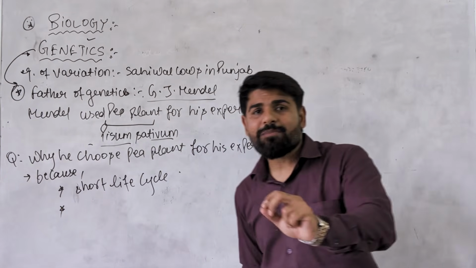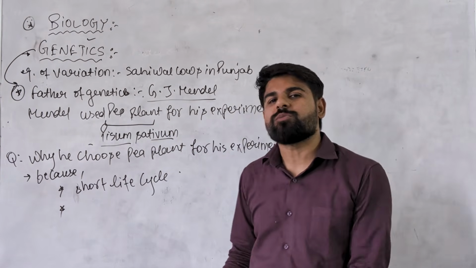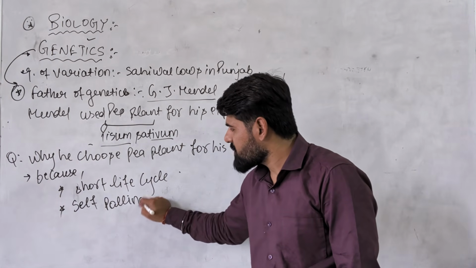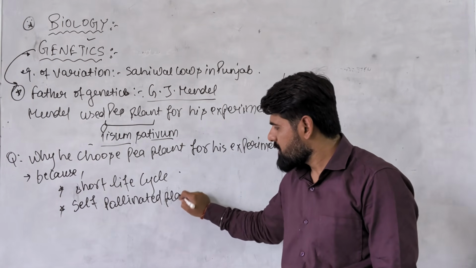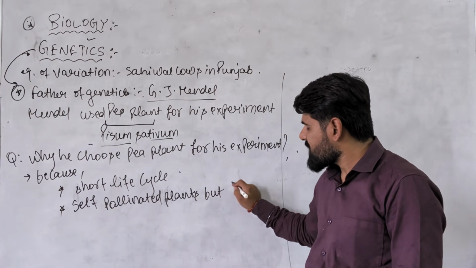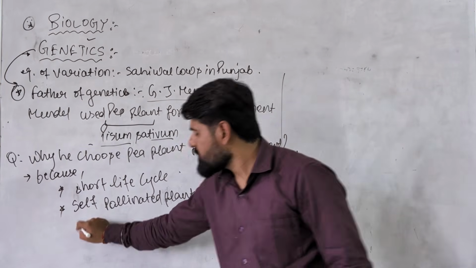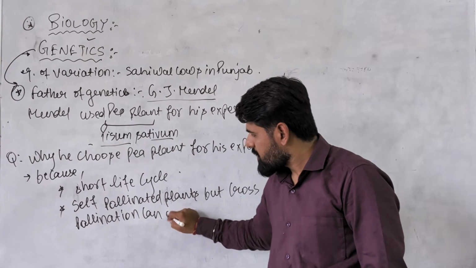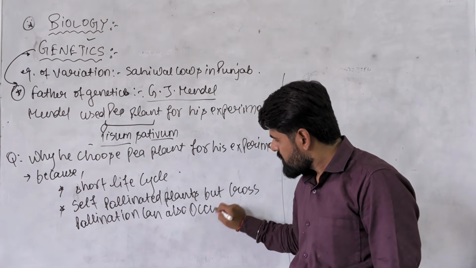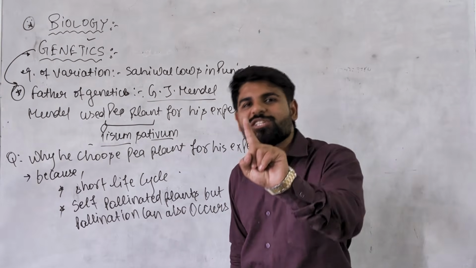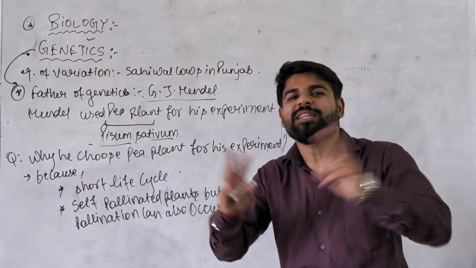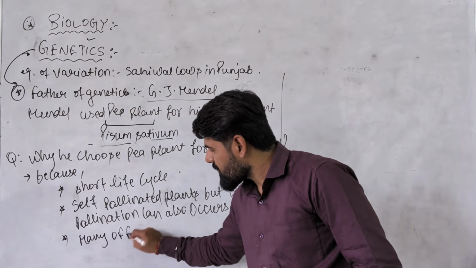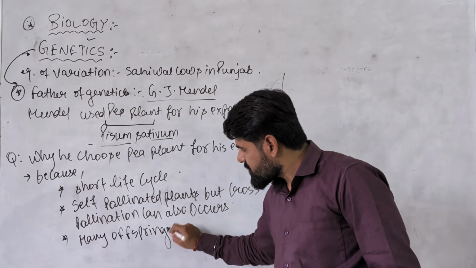Next, in pea plant self pollination can happen and cross pollination can also happen. So pea plants are basically self pollinated plants, but cross pollination can also occur. Also, in pea plant many flowers and many seeds come in a single generation. So there are many offspring in a single generation.